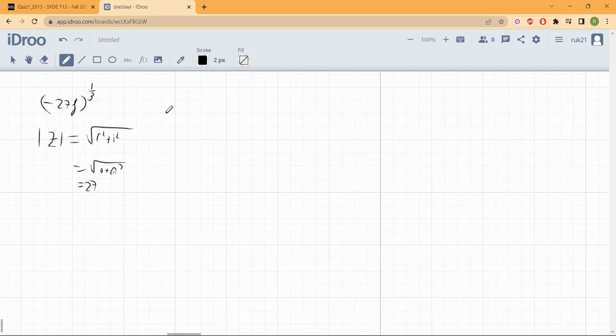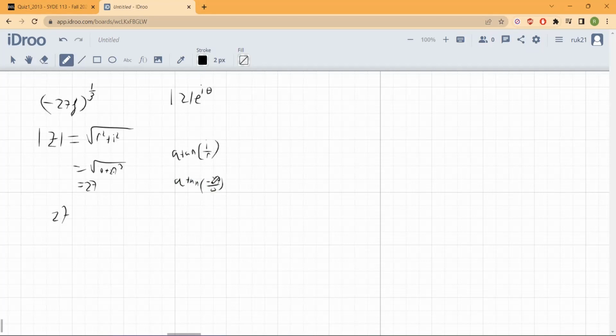Again, just to remind, exponential form is modulus z times e to the i theta. So our modulus would be 27. And then we need to get our angle. And our angle is arctan of the imaginary part over the real part. You can think of it as the imaginary part is y and the real part is x. In our case, that would be arctan of negative 27 over 0.